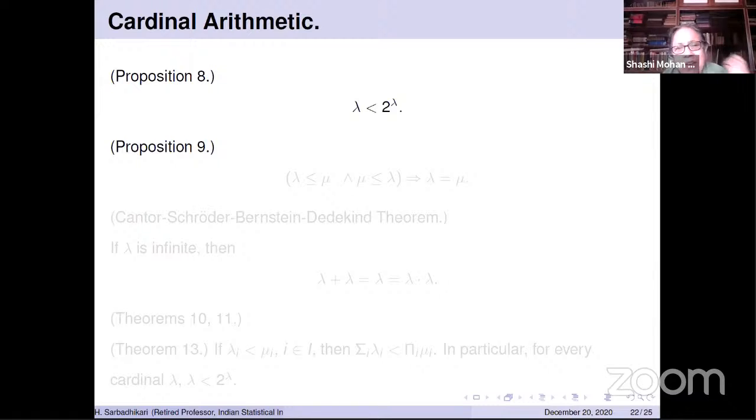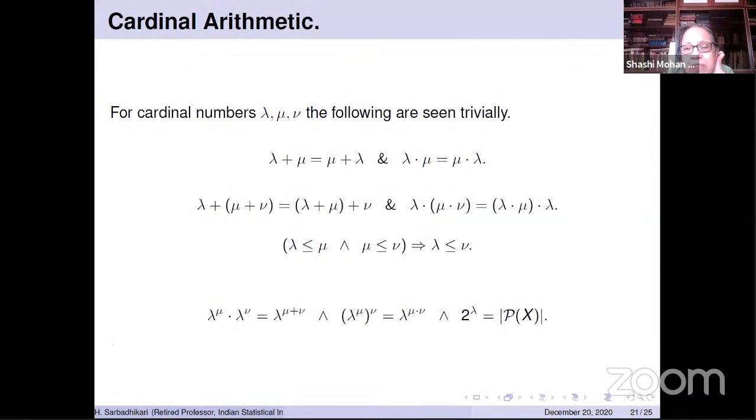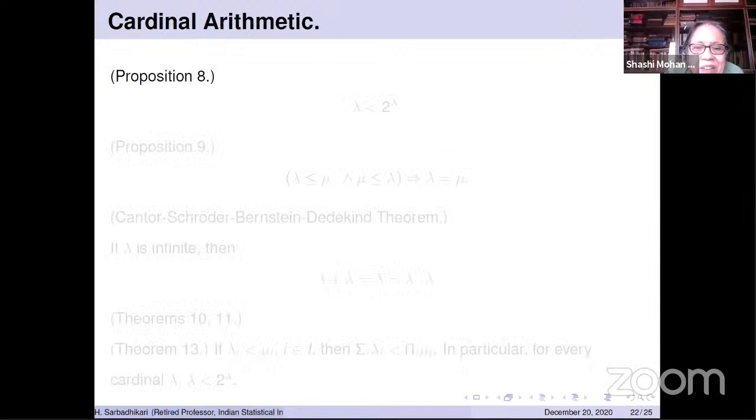Proposition 8 is this: lambda is less than 2 to the power lambda. And we had already done that also. We have done that the cardinality of x is less than the cardinality of the power set of x. That is the proposition.